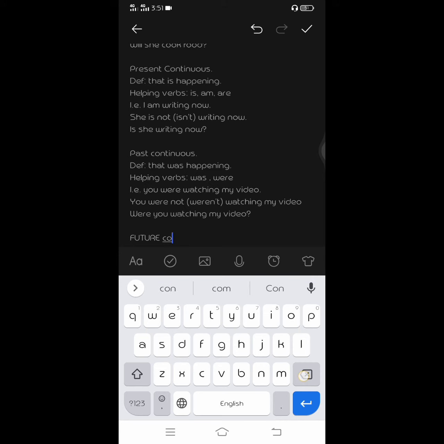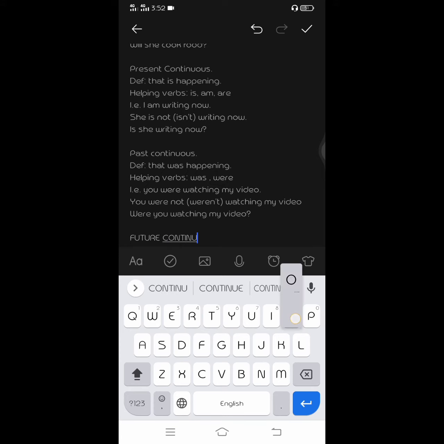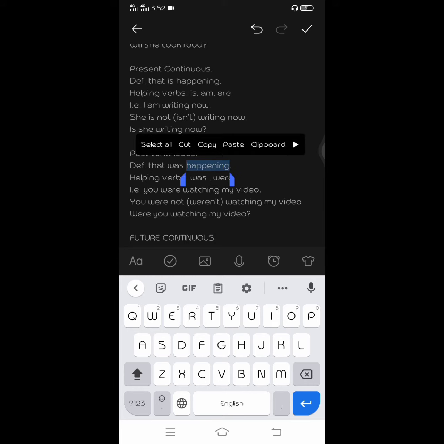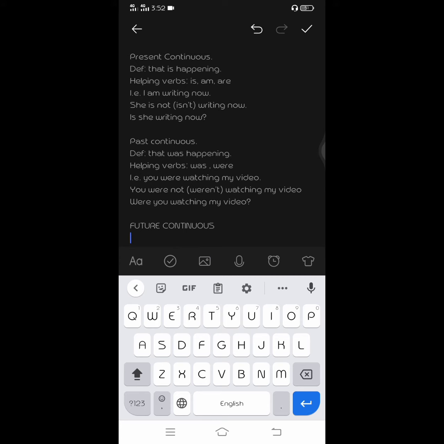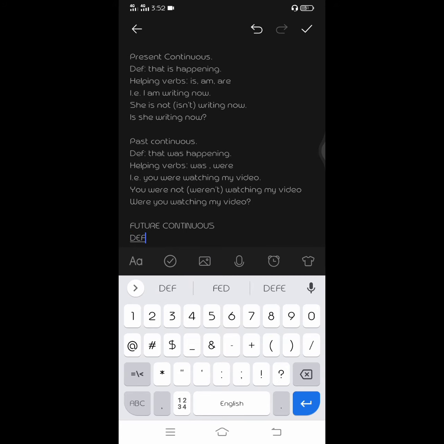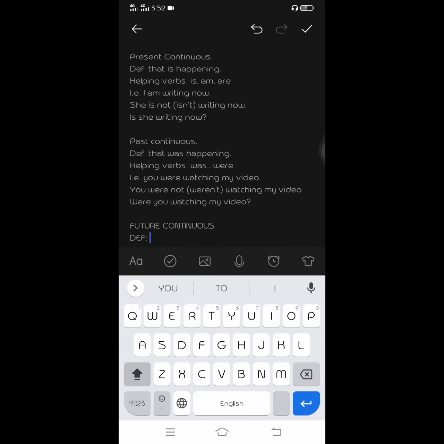as we all know the rule that with all continuous tense we are going to use verbs ing form. So as you can see, with past continuous हमने ing form use किया, with present continuous हमने ing form use किया. So guys, what do you think? Which form do we use with future continuous? Yes, verbs ing form. The definition is that will be happening.